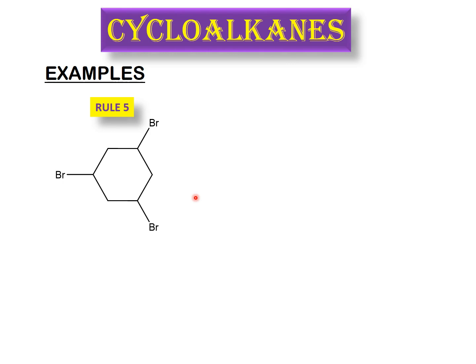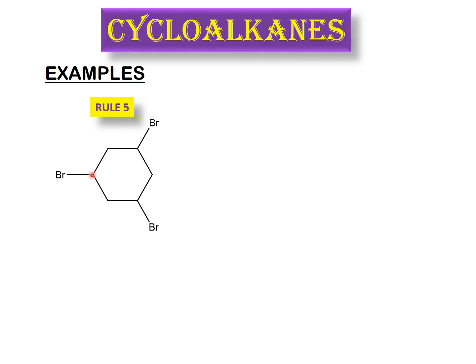Now to number the carbon atoms on this ring, you have to follow rule number 5. Numbering will always start from a substituted carbon, and you have to proceed in a direction so as to give lowest possible positions to all the other substituents, or in other words, the sum of the positions of all the substituents has to be the lowest. Now, for example, we start from here.